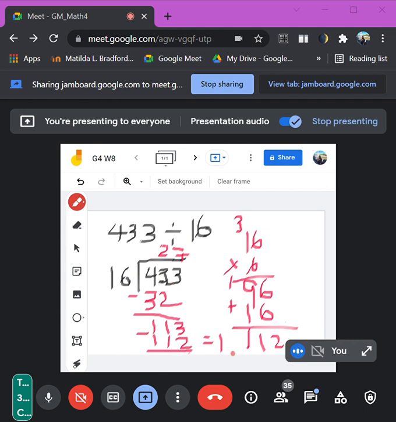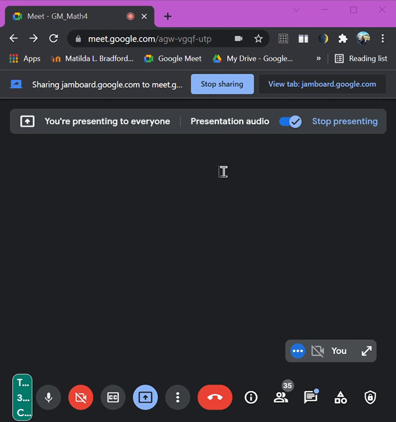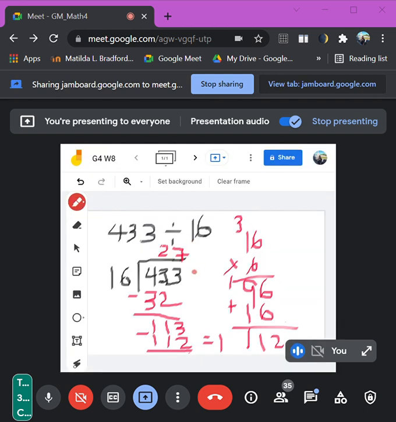So class, is this the final answer? Wait, no. Okay, so what is our final answer? Just 27? Or is there a remainder? 1. Okay. So we write remainder 1. The leftover at the bottom, class, you can put as remainder 1.